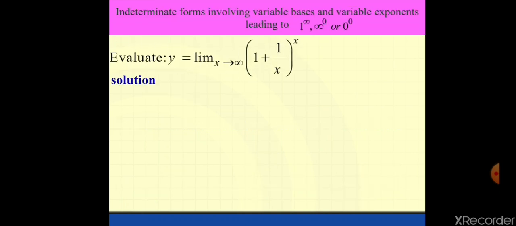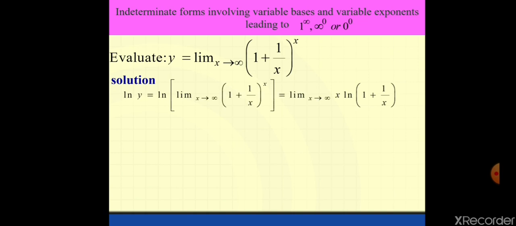Another problem. Here we have a limit. Suppose y equals the limit of (1 plus 1 over x) to the power x when x approaches infinity. To bring this power down, we have to apply ln to both sides. ln y equals the ln of this limit.